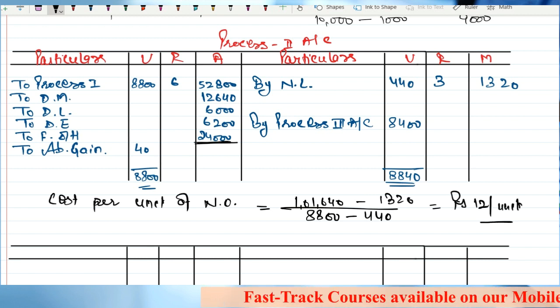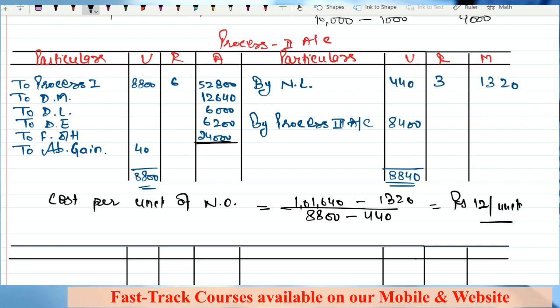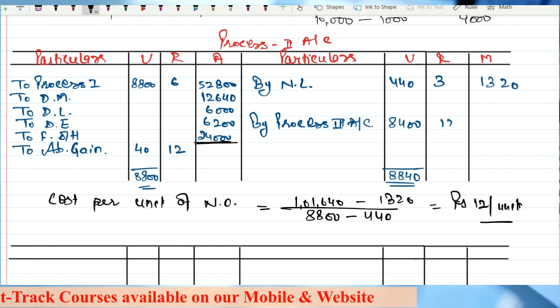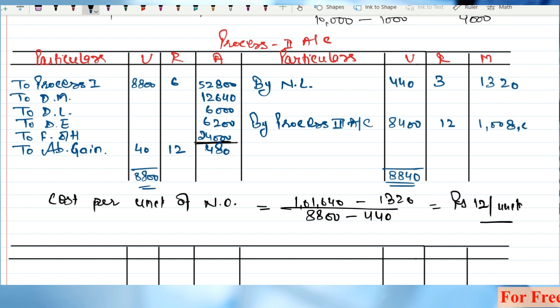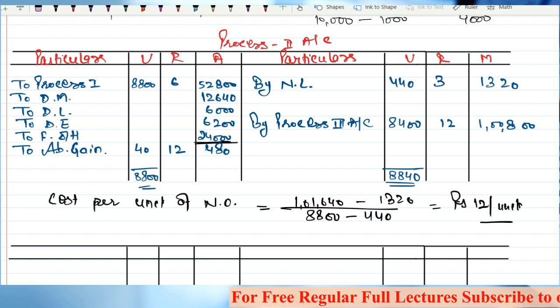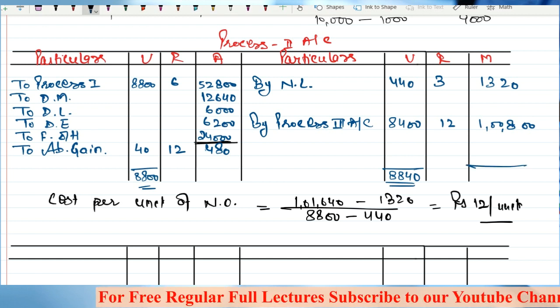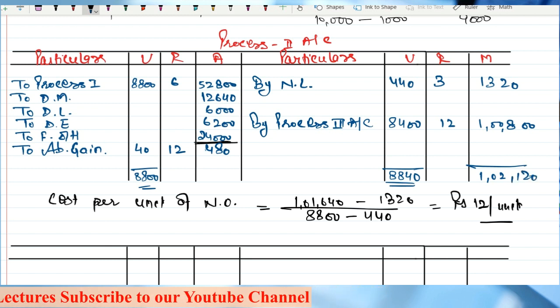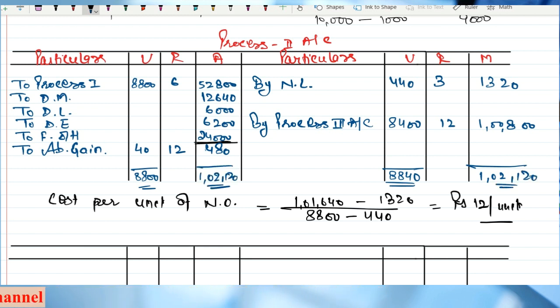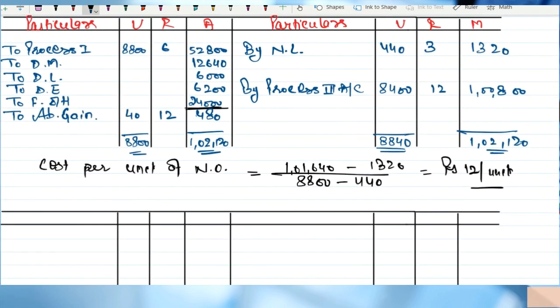So that means here we'll have 12 and here also we are going to have the 12 rupees. So 480, and here we are going to have 1,08,000. Simple again. So this is the total value that we have.